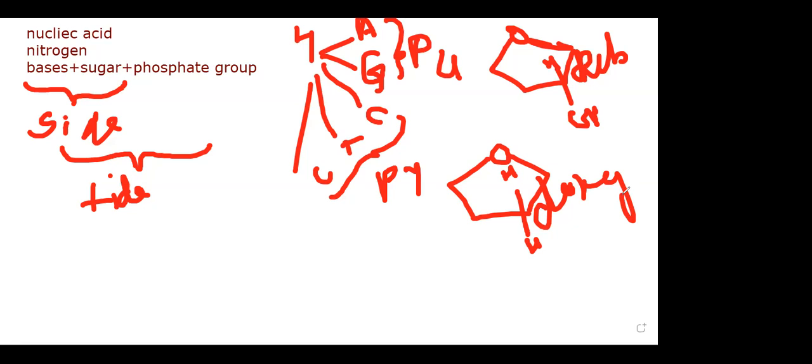Next is enzymes. Enzymes are the biological catalysts which are basically made up of proteins.